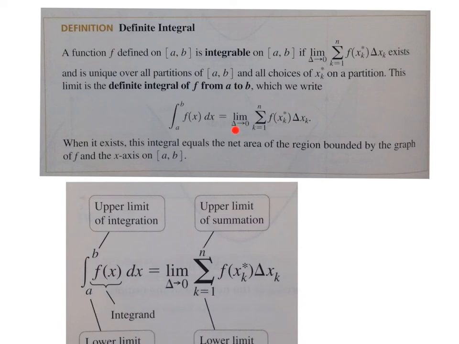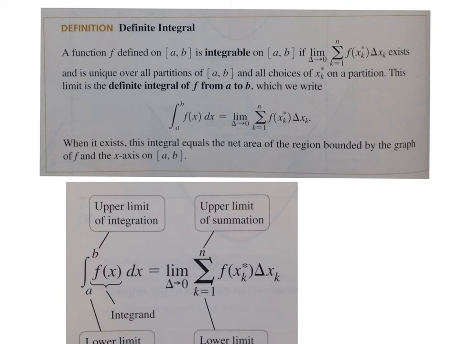But they're saying as the change of x approaches 0. Okay, so as this gets closer and closer to 0, and of course we can't do that without the idea of a limit, because then we'd be adding a bunch of 0 areas, because we'd be multiplying our base as 0. But we're going to change up the notation of how we write this. And this is going to take care of having to take a limit at all times.